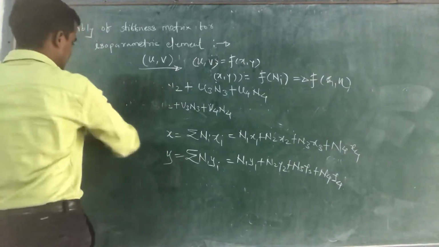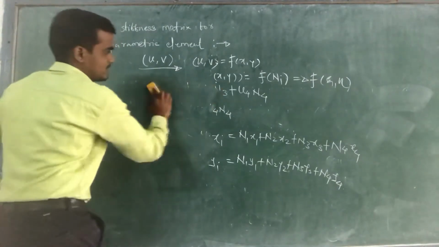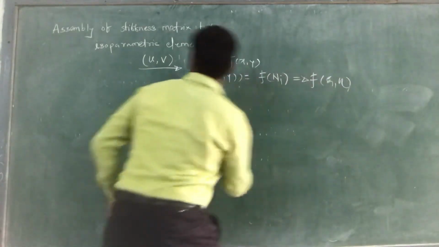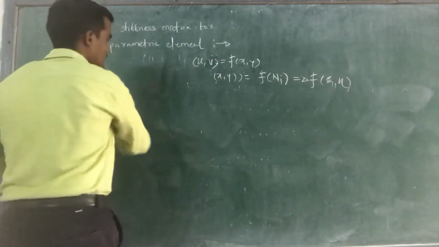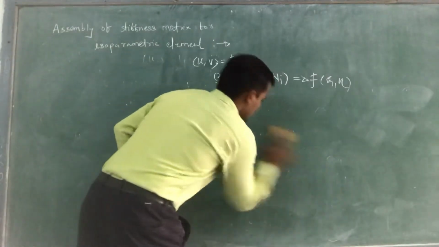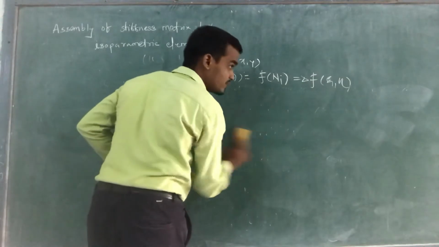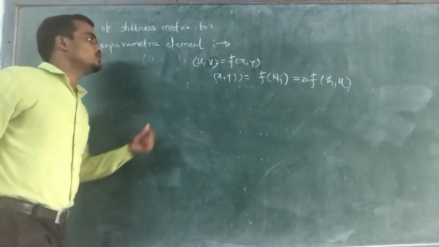Finally, from the shape functions Ni you will get x and y, and from this x and y you will get u.